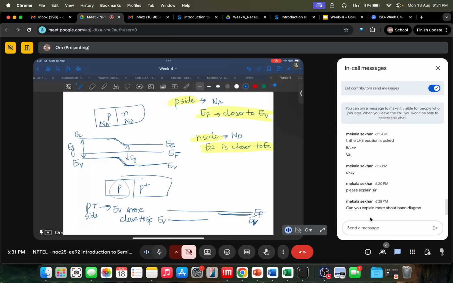This is the P plus side, this is the P side. Now I'll add EG. Let's say EC, add EG. This will be EC here. Now this becomes like this. This is the band diagram for P plus junction.